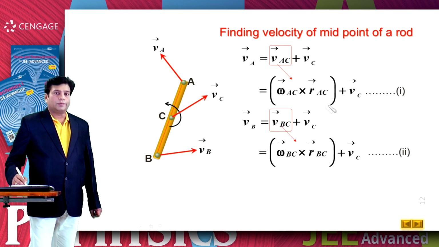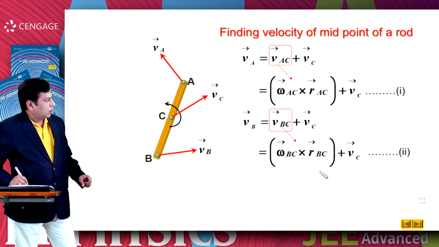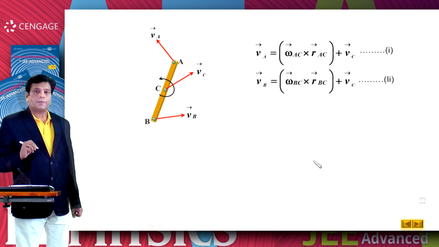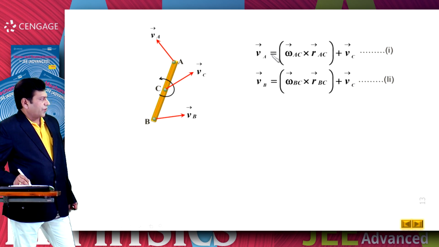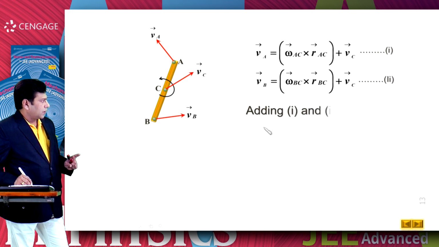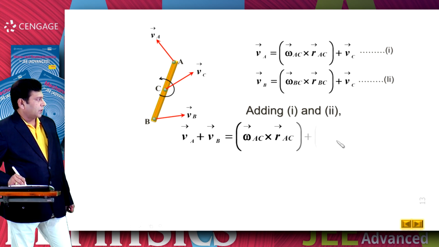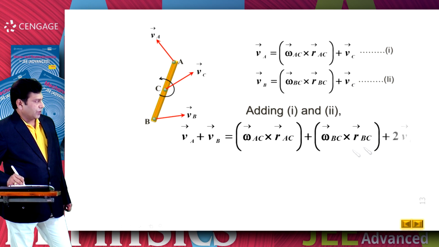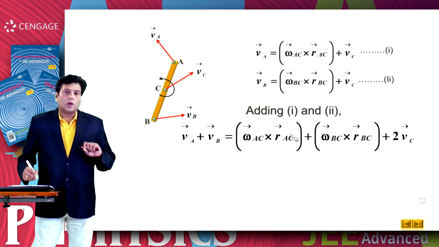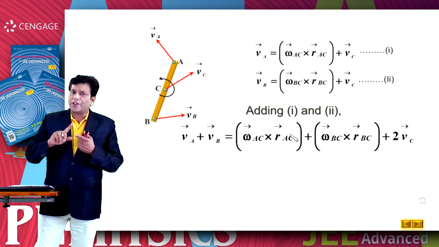Correct? Now, let us write equation number 1 and equation number 2 again, like this. Suppose we add these two equations, so the final equation will be VA plus VB equal to, on the right hand side, this expression plus 2 VC. Like this we can write the expression. Now, we know angular velocity is constant in the rigid body.